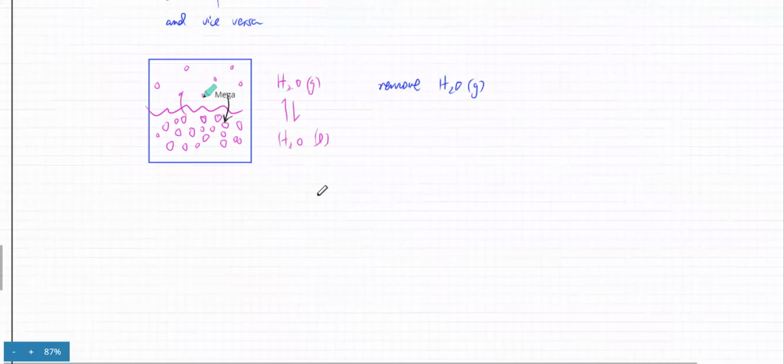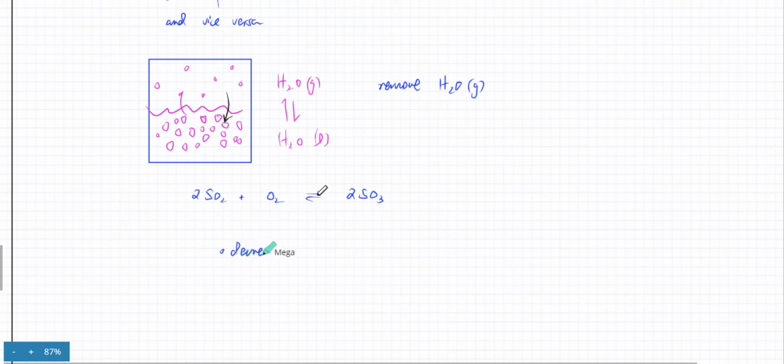So I'm going to apply that rule to any equilibrium mixture. For example, I have this reaction, SO2 plus O2, and it's in equilibrium with 2SO3, and they're all gases. So let's say I go in and I decrease the concentration of O2. What would the equilibrium do?